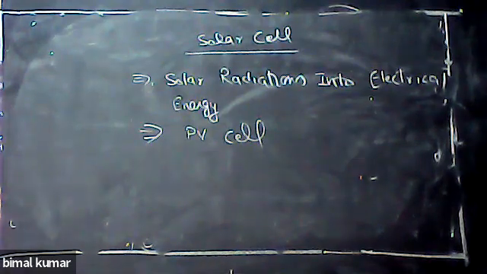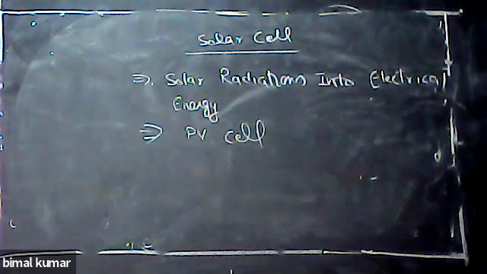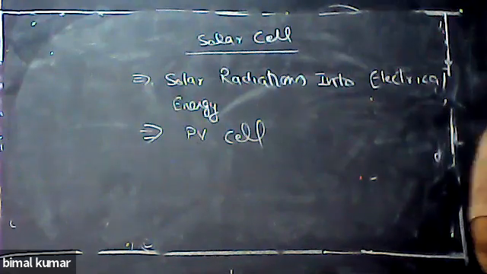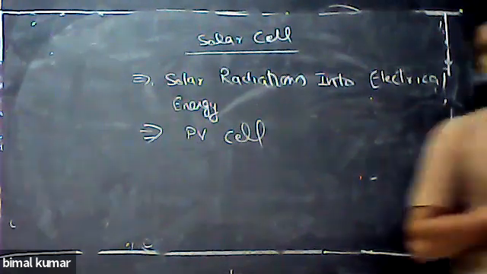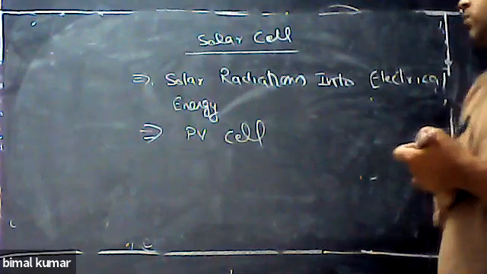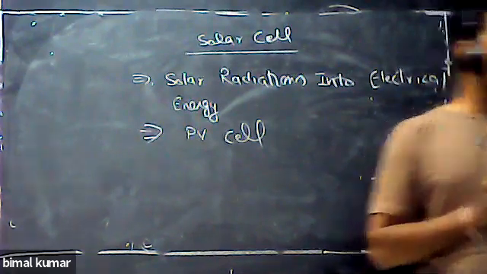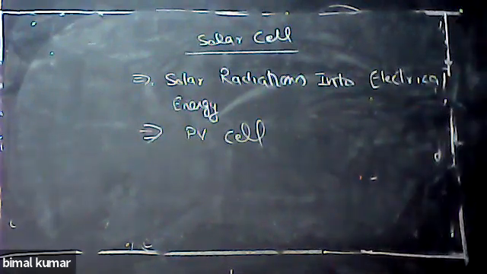And this method is very useful nowadays, because if you look around you, a number of solar panels are being set up. There may be different types of solar cell. One is flat plate, another is concentrating type, right?